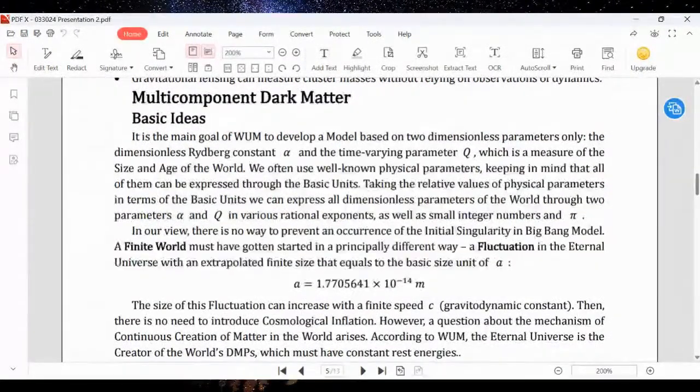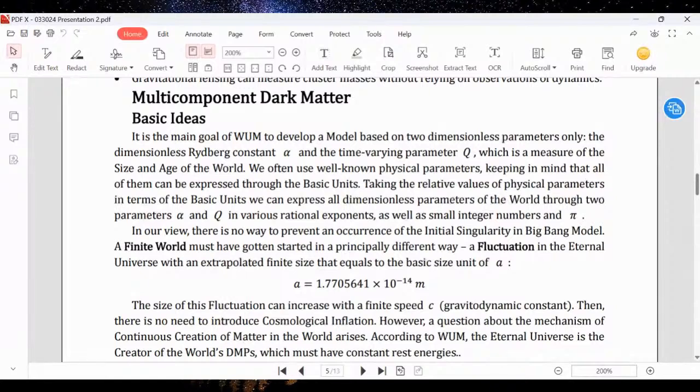Multi-component dark matter. Basic ideas. It is the main goal of WOMB to develop a model based on two dimensionless parameters only: the dimensionless Rydberg constant alpha and the time-varying parameter q, which is a measure of the size and age of the world.